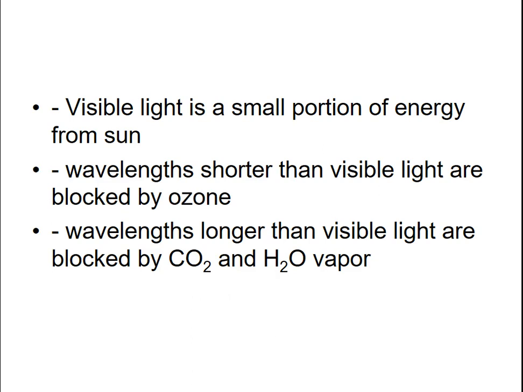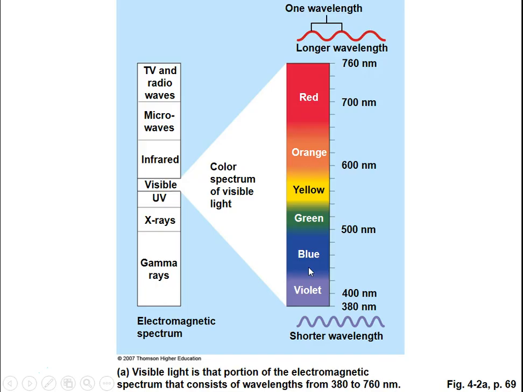The wavelengths that are longer than visible light tend to be blocked from reaching the surface of the Earth by carbon dioxide and water vapor in our atmosphere. So, as it turns out, the bulk of the energy coming from the sun that can make its way to the surface of the Earth is just a small portion right here known as visible light.